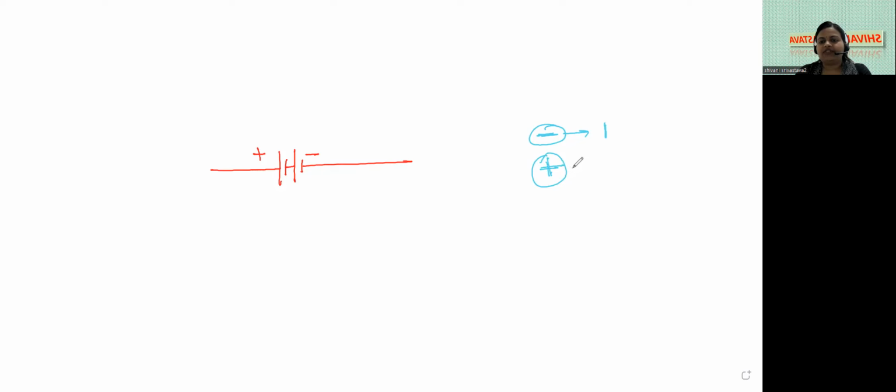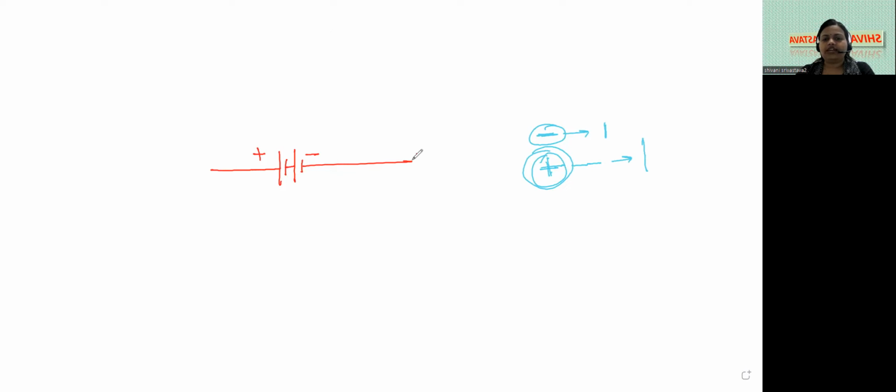So when we add these two, this line will be bigger, right? So in the positive symbol, two lines are here, so we can say it's a bigger one, and in the negative, one single line is here, so we can say it's a smaller one. So this is the positive terminal and the negative terminal. This is the symbol of a battery.